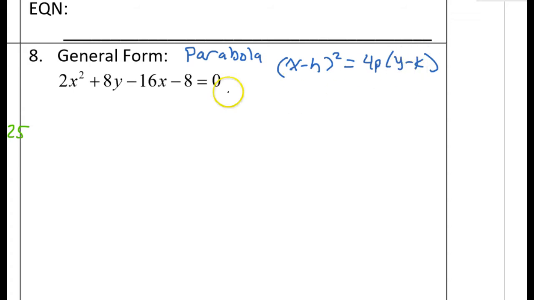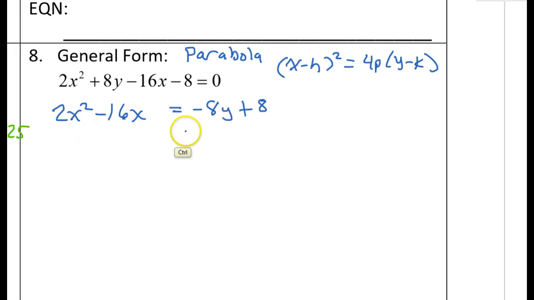This is the model. I still need to group together my x terms, so I'm going to have 2x squared minus 16x. Now the 8y and the negative 8 need to go to the other side of the equation. So subtracting 8y from both sides and adding 8 to both sides. All right, I have this.